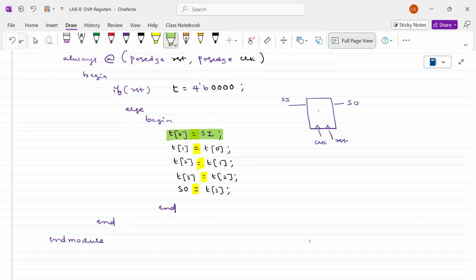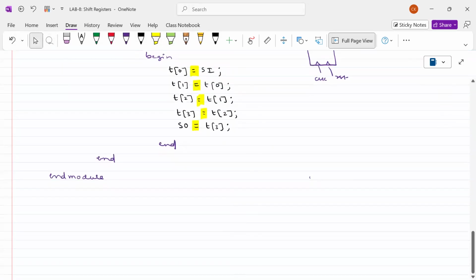There are 2 points that we have to remember here. The moment you write, for the sake of simplicity, S is equal to A XOR B, 2 things will be performed: evaluate and assign. Whenever you give this particular statement, the simulation tool will do 2 things.